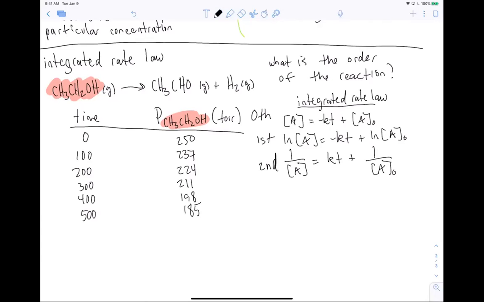So let me quickly look up what the damn chapter 10. Here we go. Chapter 35, rate laws.